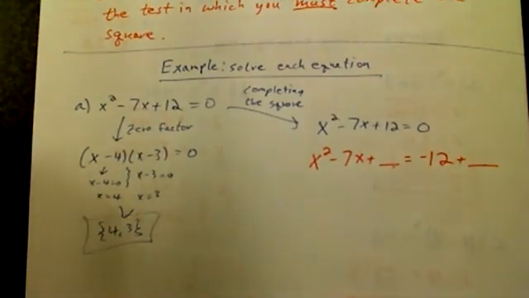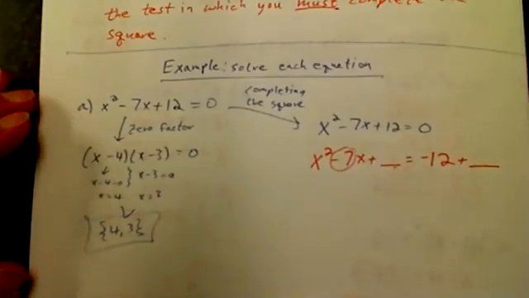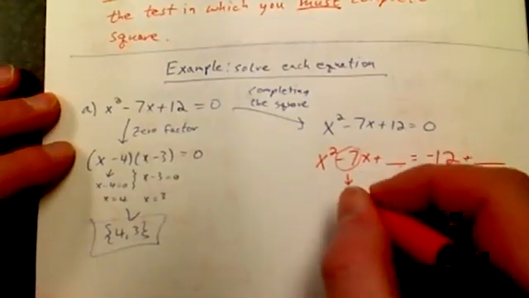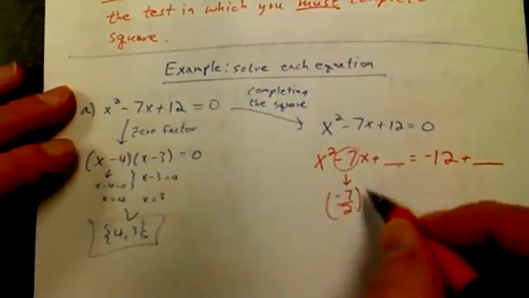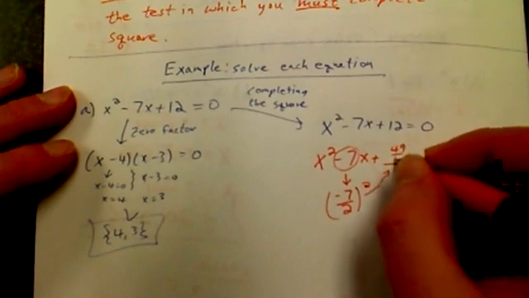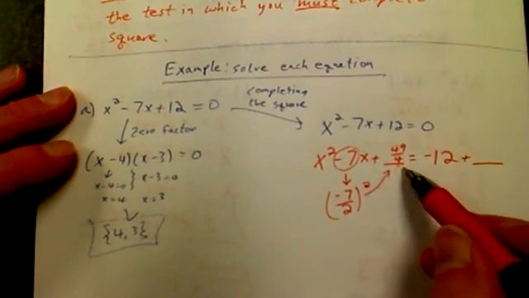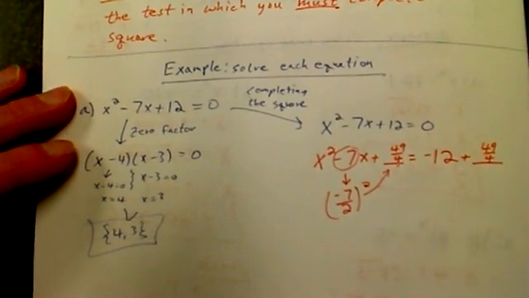Now, what am I going to add? I'm going to take the negative 7, divide it by 2, so I get negative 7 over 2, and then square it. That is your general process with this. So if I add 49 over 4 here, I have to add 49 over 4 here.